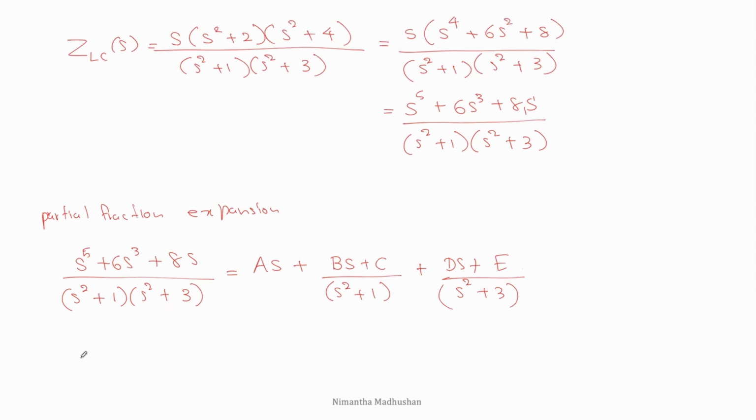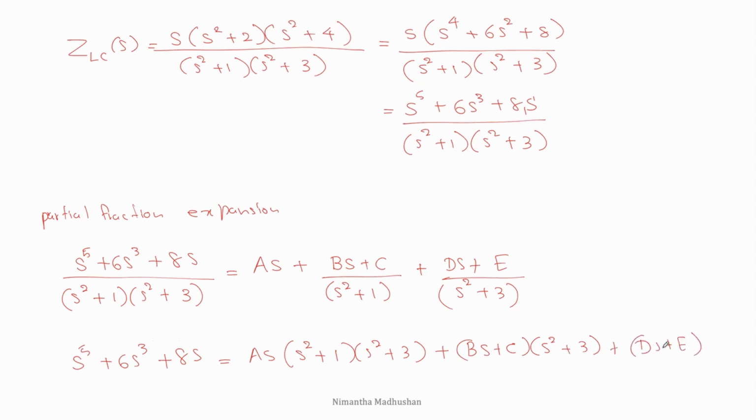Then we can write s to the power 5 plus 6 s to the power 3 plus 8s equals as times (s squared plus 1)(s squared plus 3) plus (bs plus c) times (s squared plus 3) plus (ds plus e) times (s squared plus 1).